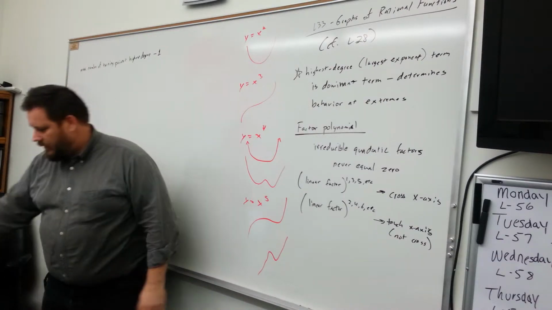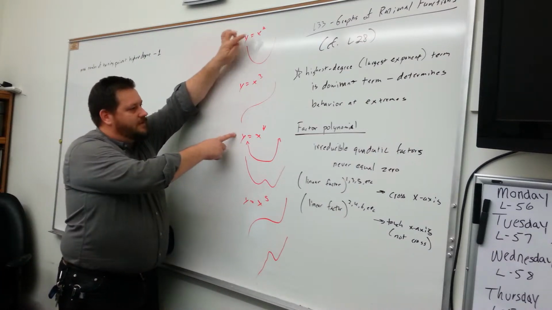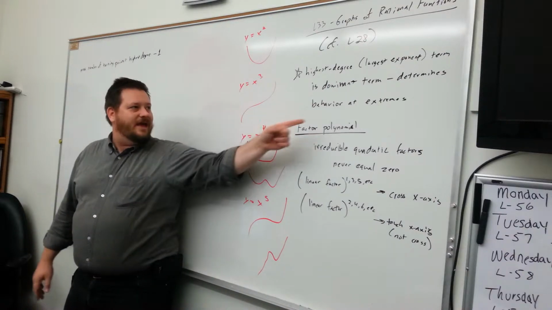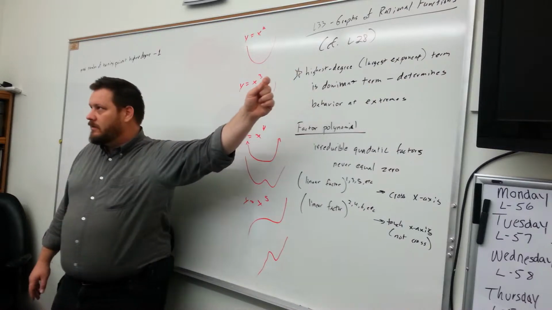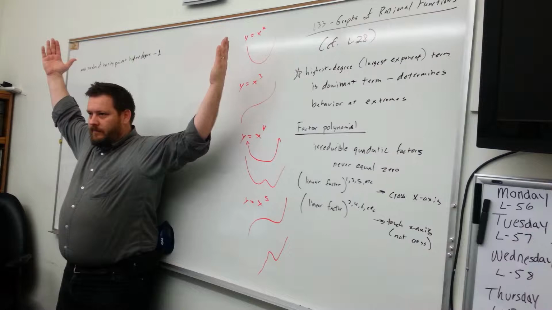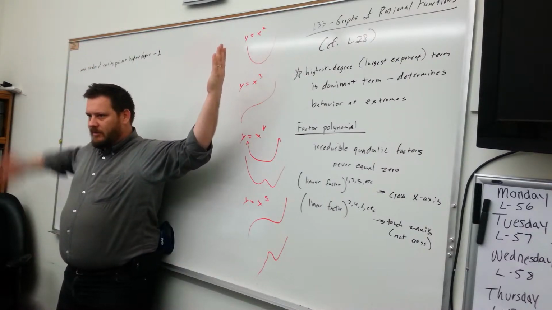So you notice it alternates between your even and your odd powers. Any function that has a dominant term with an even exponent, the extremes are going to look like this. If it's an odd exponent, it looks like this. Even, odd, etc.